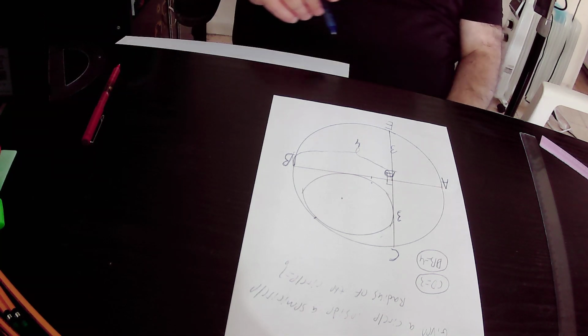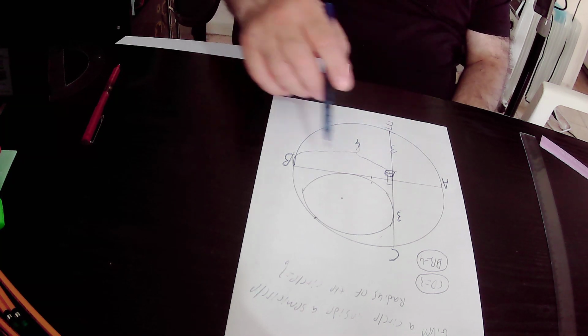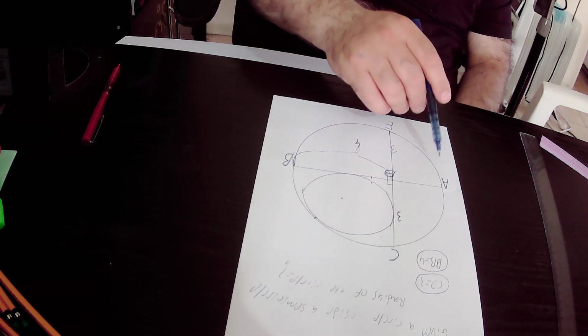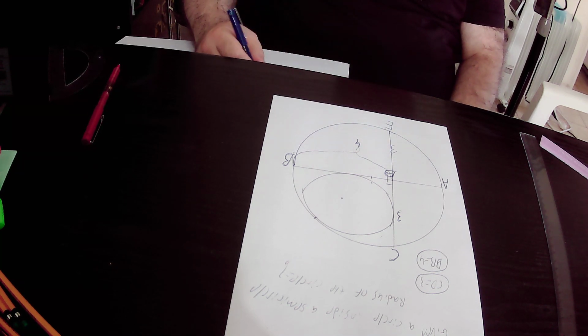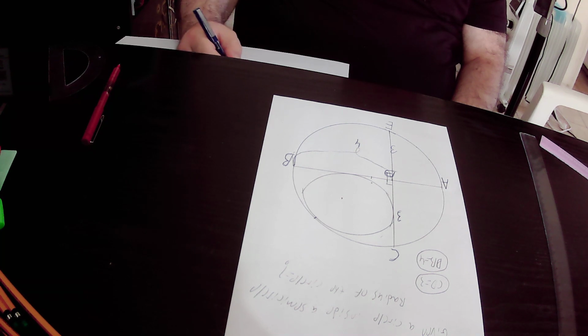According to rule number 1, we will get that AD times DB equals CD times DE. So I write it down: AD times DB equals CD times DE.